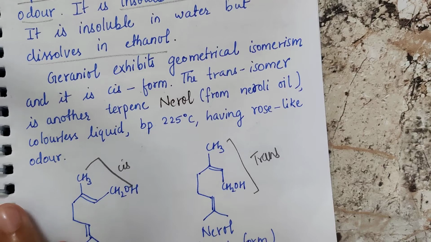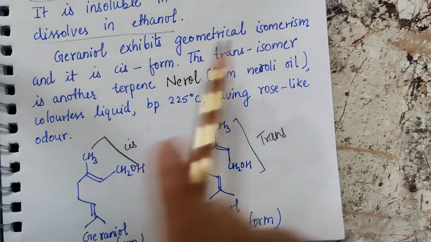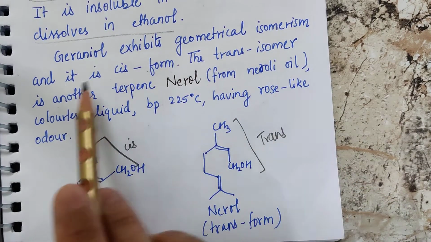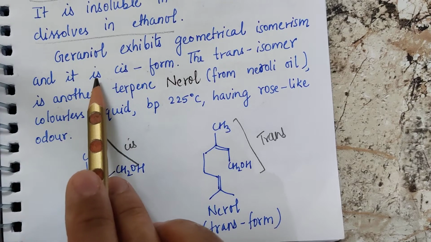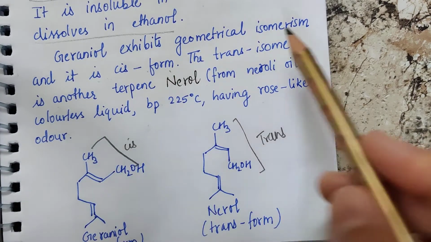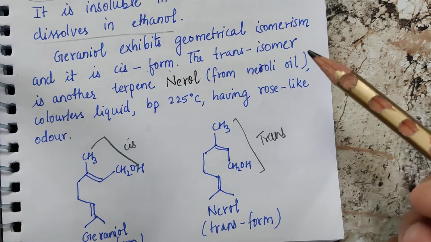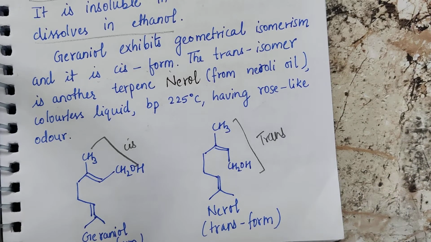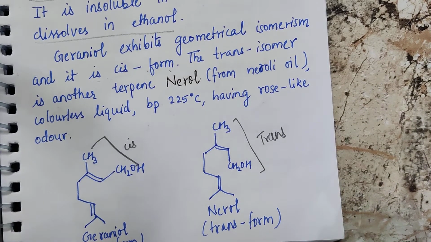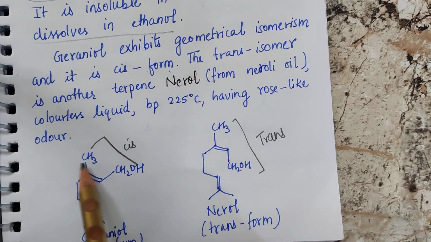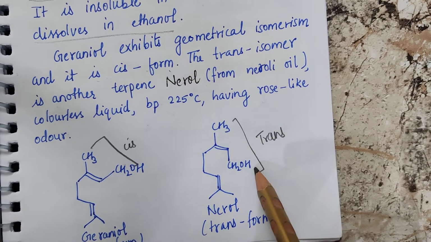Now geraniol exhibits geometrical isomerism and it is the trans form. That means geraniol has two possibilities. It could exist in the form of cis and trans. If you see this structure, this is the cis form, and this is the trans form.